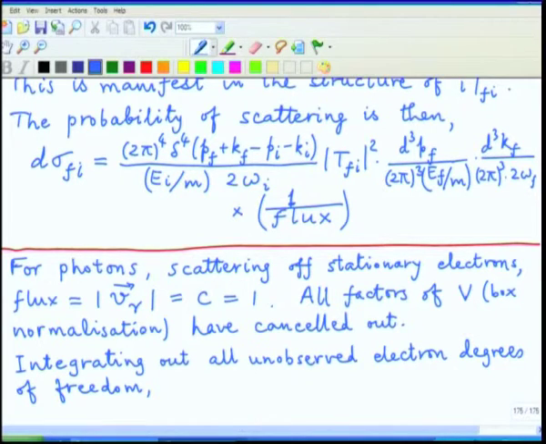The angular part survives, and that converts this cross section to a differential cross section in terms of scattering angle.